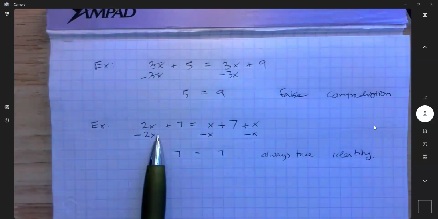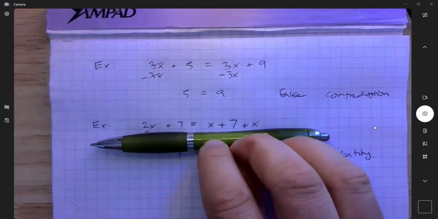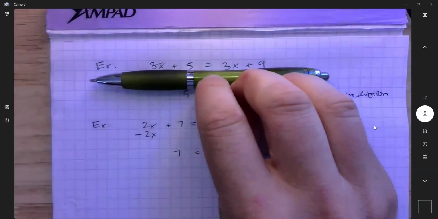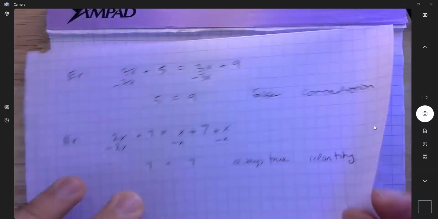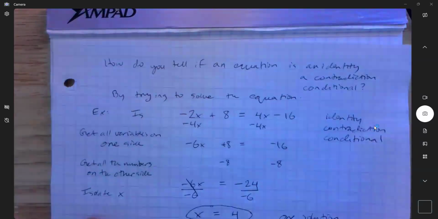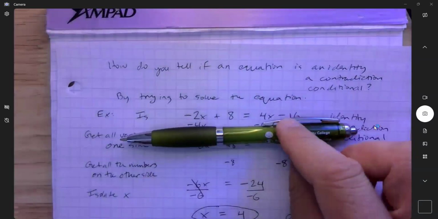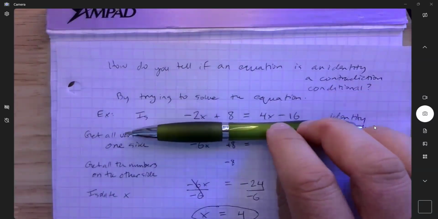You may be able to look at an equation and say, oh yeah, I can tell just from that, it doesn't matter what x is, it's always going to be true. Or just from that, it doesn't matter what x is, it's always going to be false. But I can tell you that when I wrote this one, I was trying to do an identity, and I was pretty clear that it's not always true.